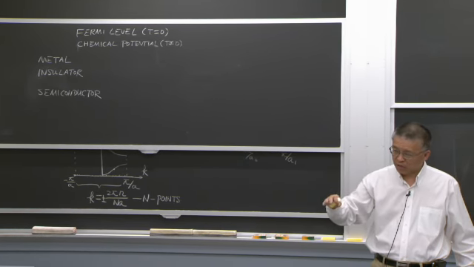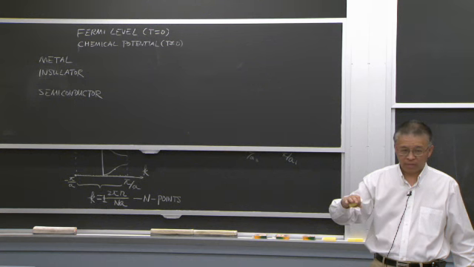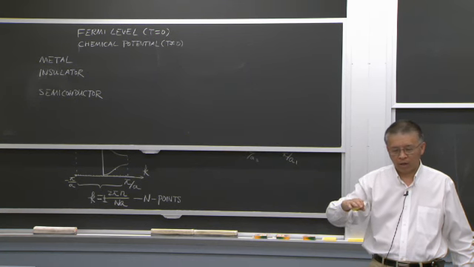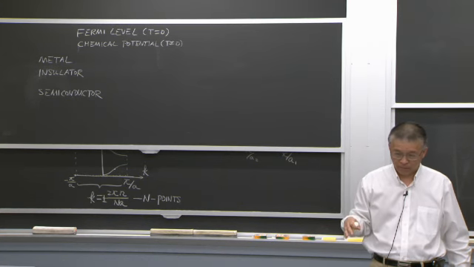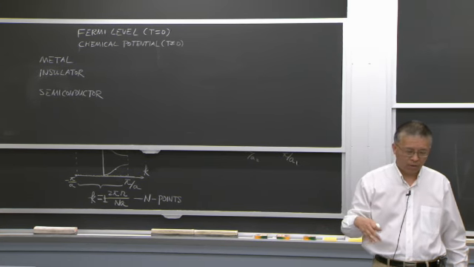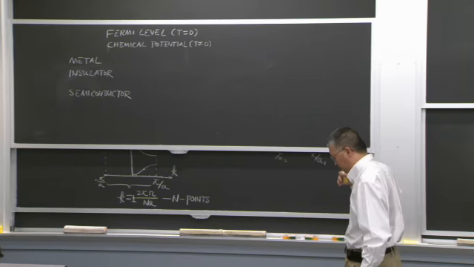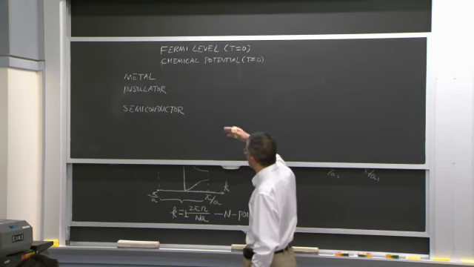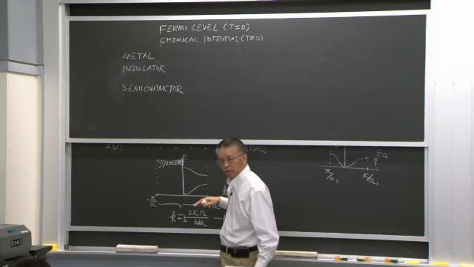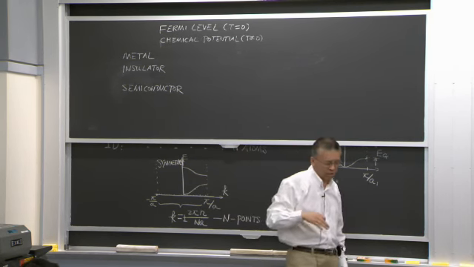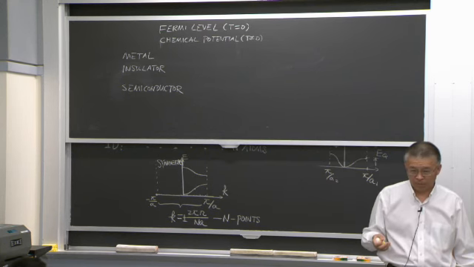If you read different books, sometimes people will also call it the Fermi level at non-zero temperature. But a better way to say it is that at non-zero temperature this level can shift a little bit around that position, and it's better to call it the chemical potential.